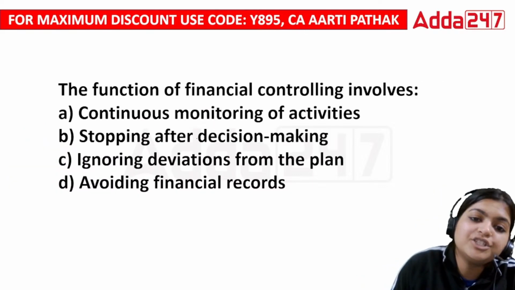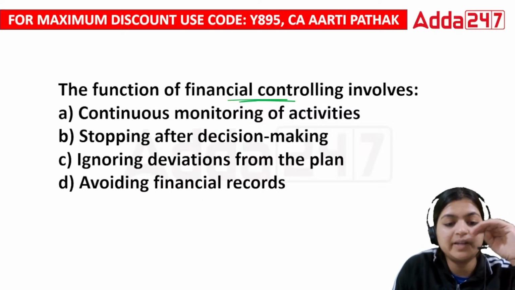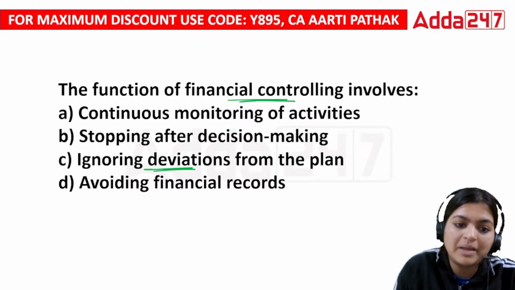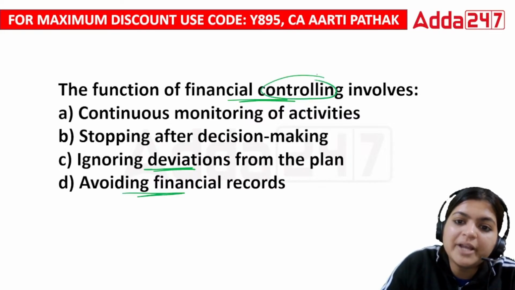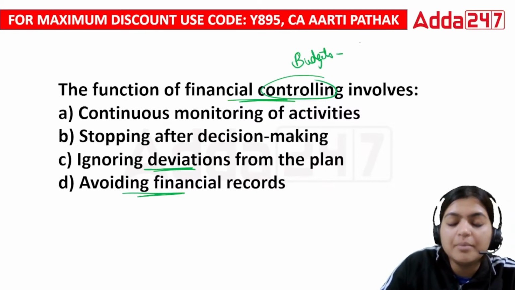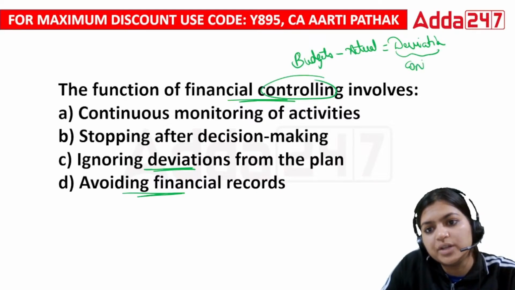Next, the function of financial controlling involves what? Continuous monitoring of activities, stopping after decision making, ignoring deviations from the plan, avoiding financial records. Here, you will set your budgets, or you will use a plan with your actuals. You will compare, and if any deviations are there, you will control it.